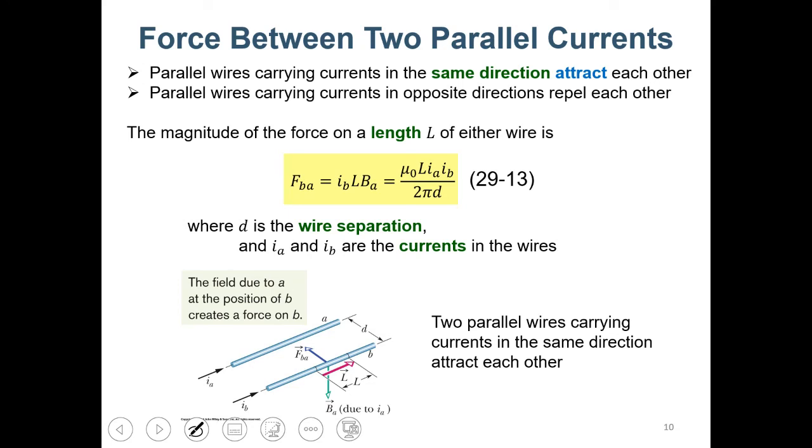So now suppose we have two parallel currents, which means that every current will generate a B field. The B field will generate some force acting on the other current.